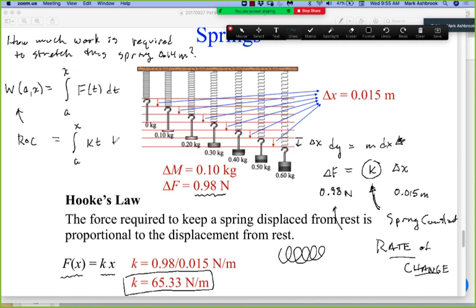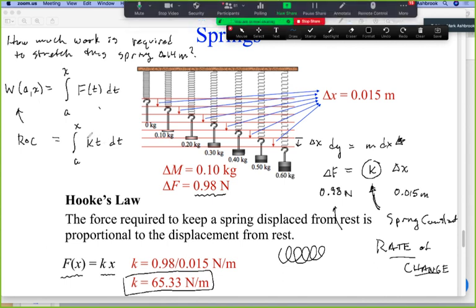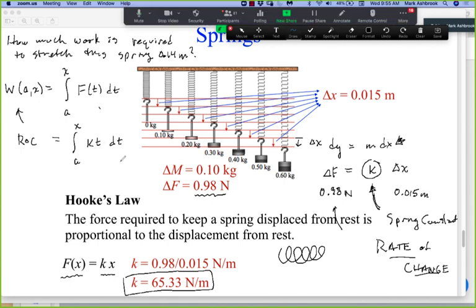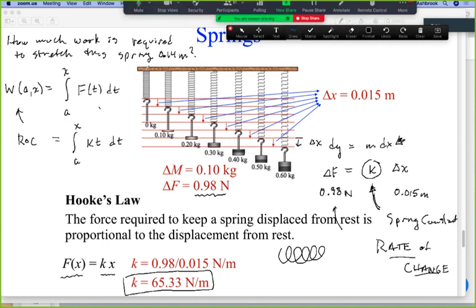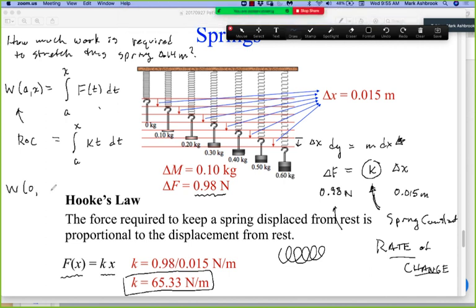So we can do k t dt. Right? The force depends on how far you stretch it. As you continue stretching it, the force continually has to increase to keep stretching it, according to Hooke's law, k times t. So since force is the rate of change of work, we can use that in our net accumulation function. And we wanted to stretch it 0.14 meters. So we're doing the work from 0 to 0.14.